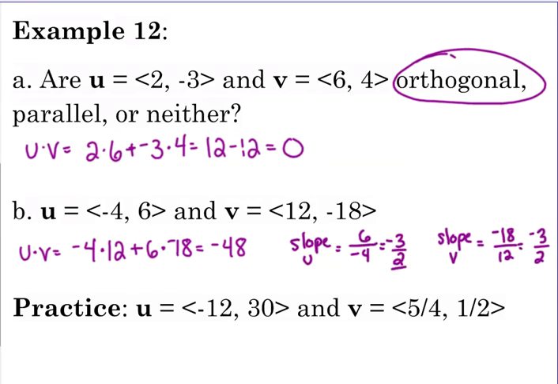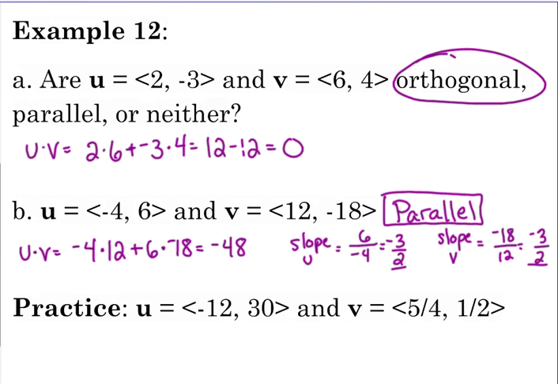Negative 3 over 2, same slopes, so these are parallel. It would have also worked if one of these was negative 3 over 2 and the other positive. It's just headed in the opposite direction, but it has the same slope.